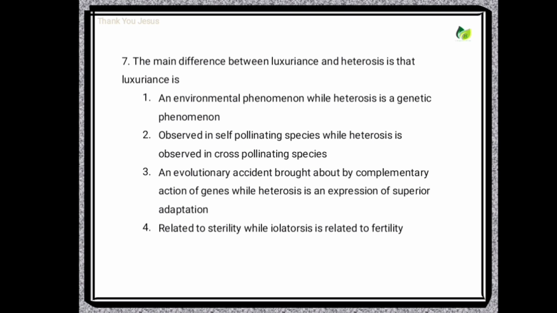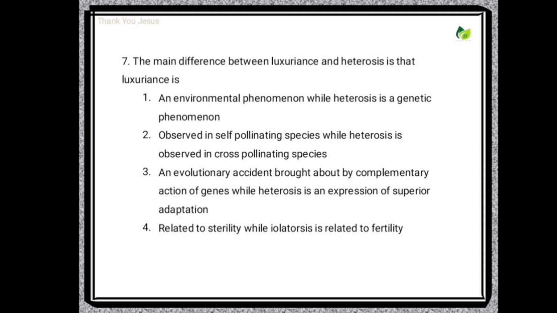The main difference between luxuriance and heterosis is that luxuriance is, so options are an environmental phenomenon while heterosis is a genetic phenomenon. Observed in self-pollinating species while heterosis is observed in cross-pollinating species. An evolutionary accident brought about by complementary action of genes while heterosis is an expression of superior adaptation.